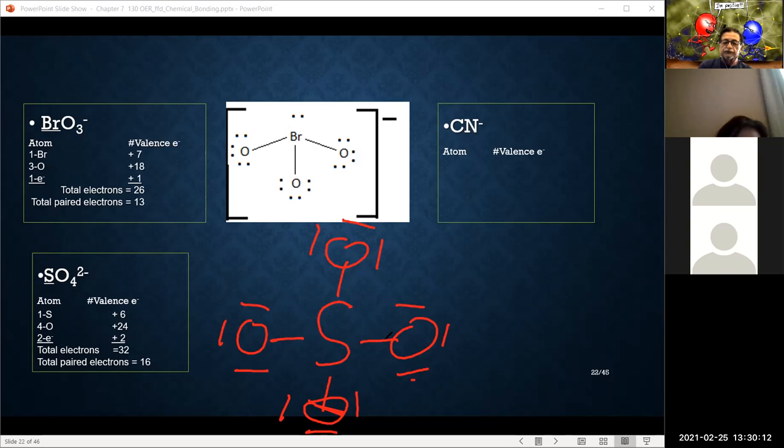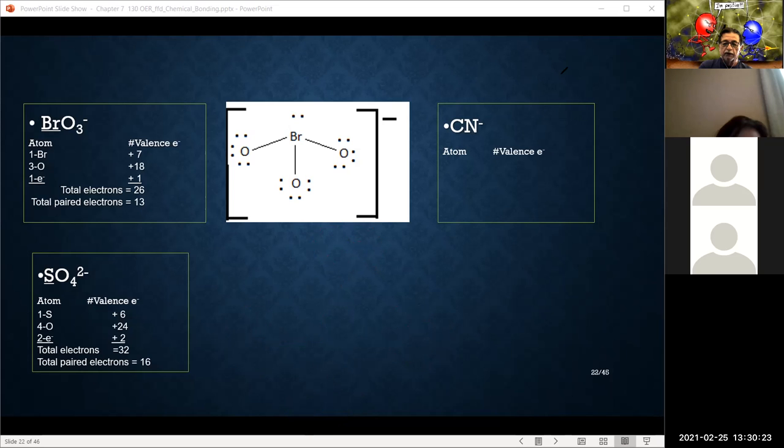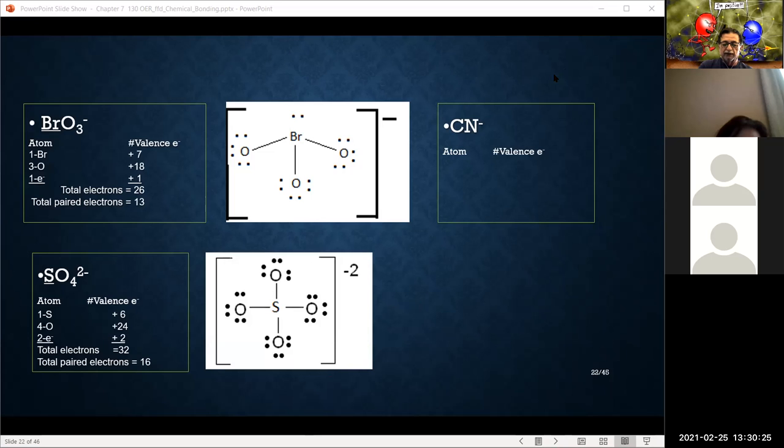So we have a total of 16 pairs of valence electrons, so our structure is consistent with the number of valence electrons we have to work with. It is that structure right there with the bracket and the -2 on the upper right corner. We can also look at the general formula, AB4, which if you look it up in the shapes table is simply tetrahedral.